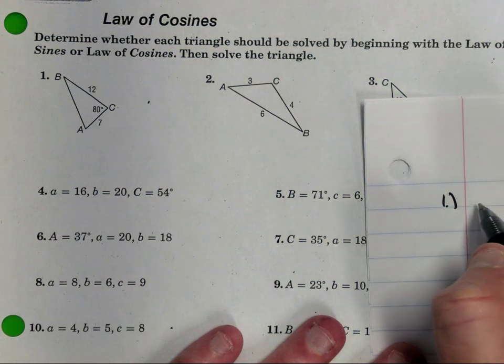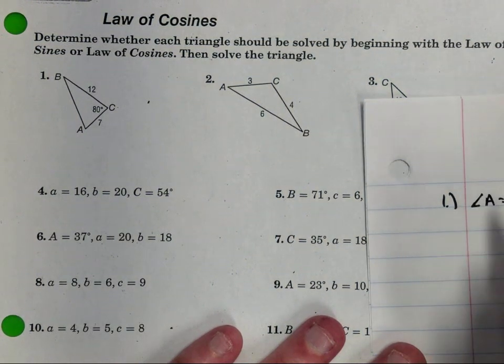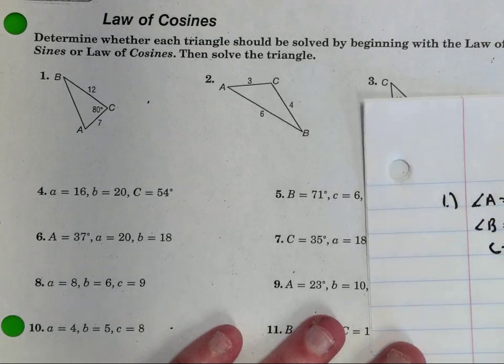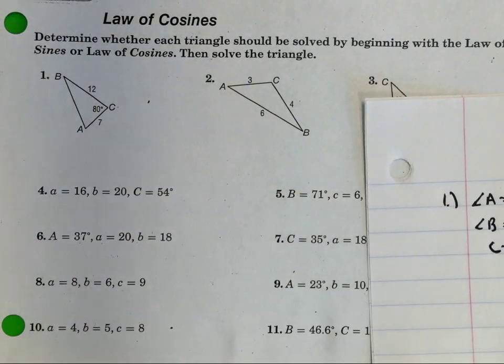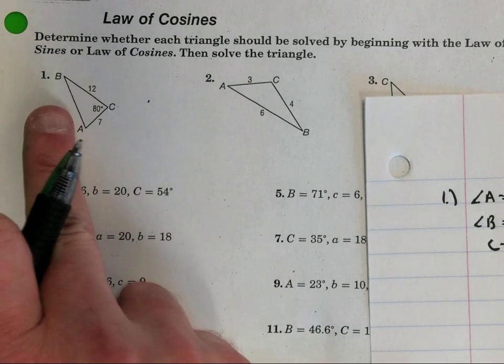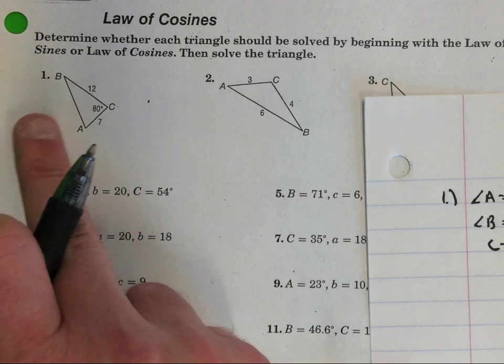I'm going to list everything I need. I need angle A, angle B, and side C. Alright, I'm going to go with side C first, because if I know side C, guys, then I can use that to do law of sines.